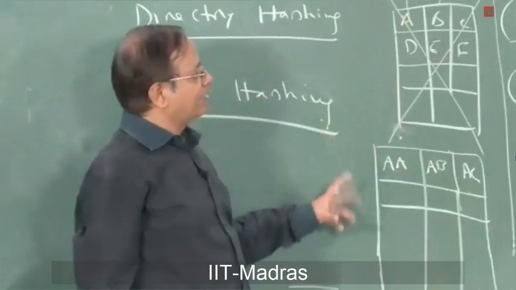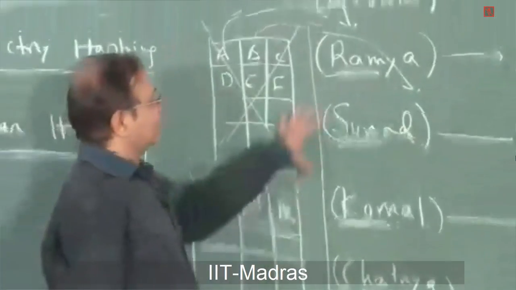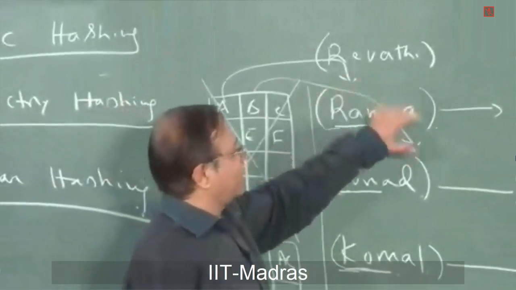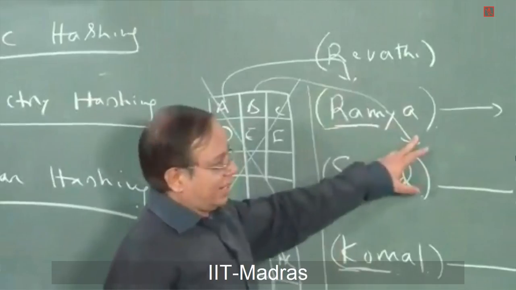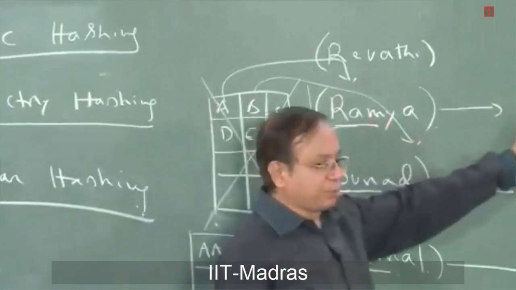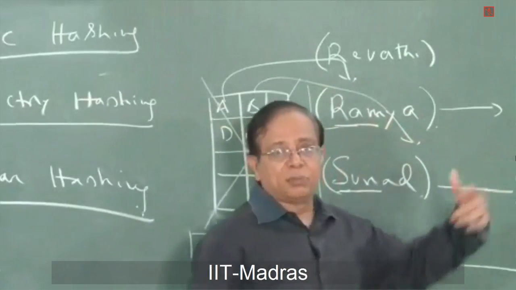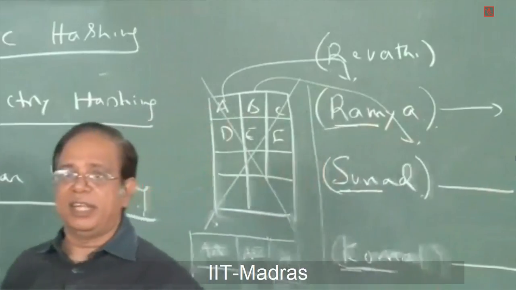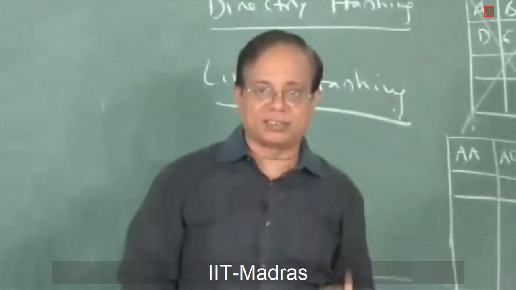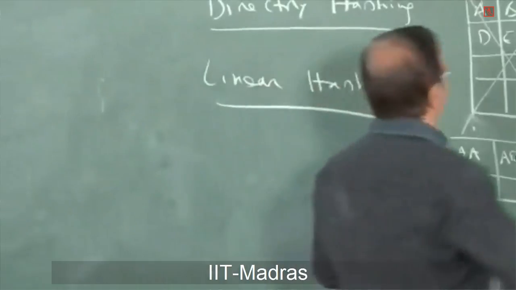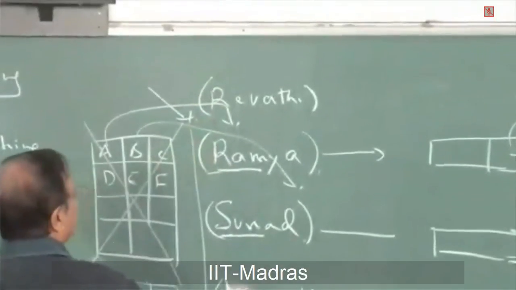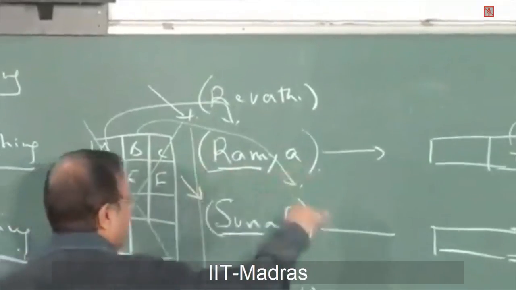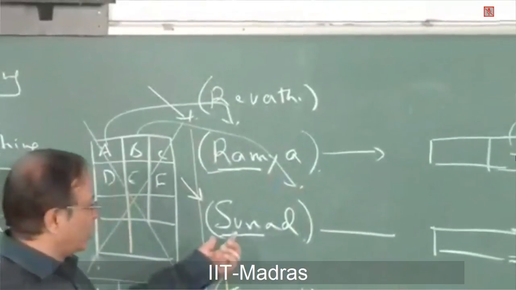Whereas in the case of linear hashing, the first bucket that is available here, for example, let us say Ramya is the first bucket, only this bucket will be split. This bucket will be split taking 2 letters. That means only this is split to start with, and then next time you are inserting something, the next bucket is split with the 2 letters.